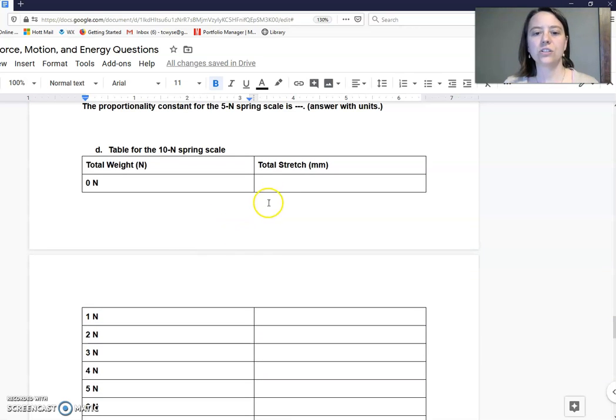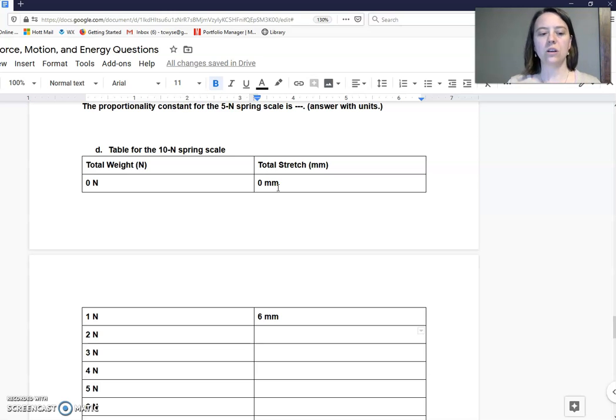And then our stretch. So 0 is always going to be 0 millimeters. And then with my 10 Newton spring scale, if we were to measure the distance between 0 and 1, it would be 6 millimeters of stretch.